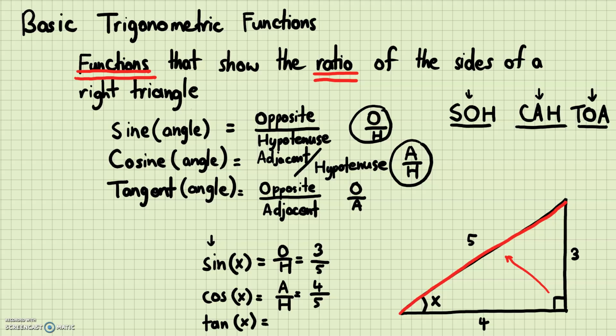Tangent of x is opposite over adjacent. We said that the opposite side of x is 3. The adjacent side, the side that's touching x and isn't the hypotenuse, is 4. So the tangent of x is 3/4.